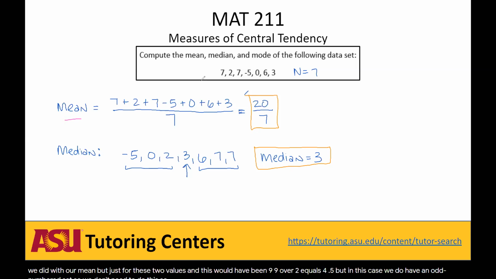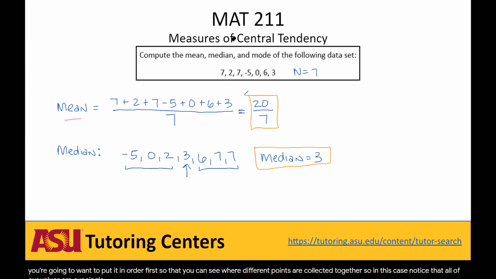So lastly, we want to figure out what the mode of our set is. The mode is the most frequently occurring data point. This is often easiest to find once we've already ordered our data, especially if you have a really long data set, then you're going to want to put it in order first so that you can see where different points are collected together. So in this case, notice that all of our values are single values here.